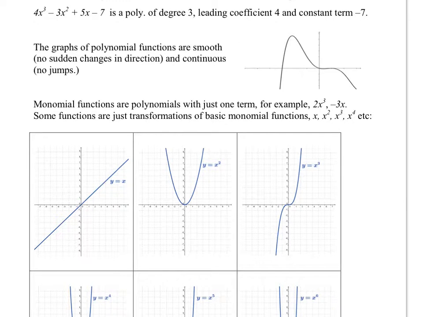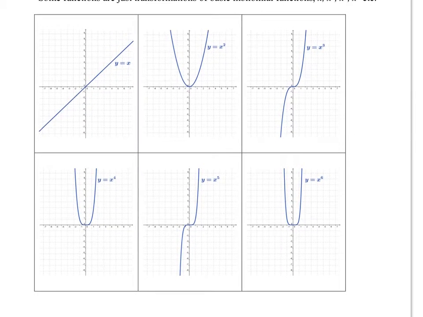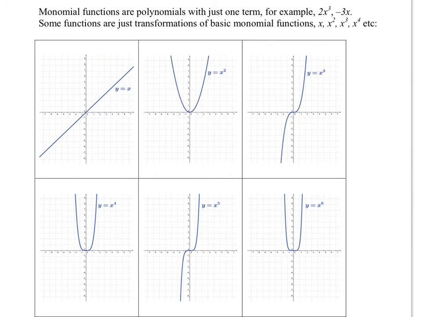This one's y equals x, y equals x squared, y equals x cubed. They're technically called monomial functions because they just have one power of x. So sometimes we have just transformations of the basic functions. The basic functions for polynomials you can think of as being like these ones.